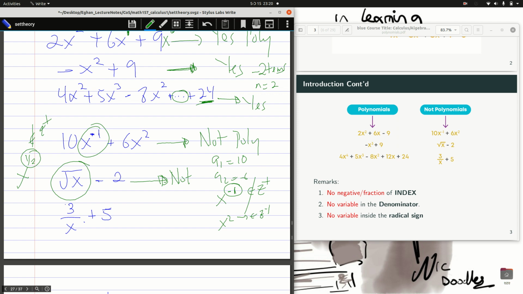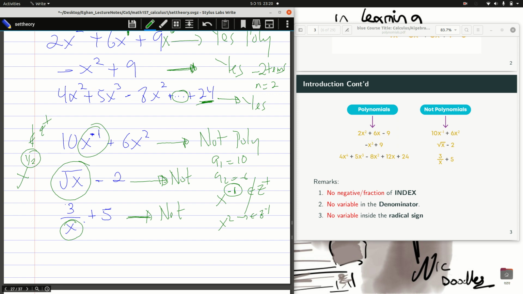Okay, now the last example is also not a polynomial. Why? Because now I have x as a divisor. If I take it up, I'm going to get 3x to the power -1, the reciprocal, plus 5, and this becomes an issue. The negative becomes an issue.